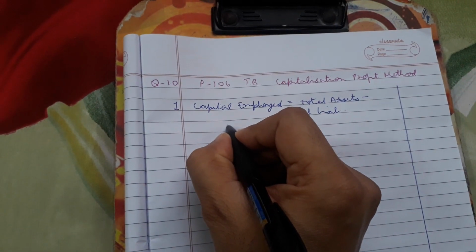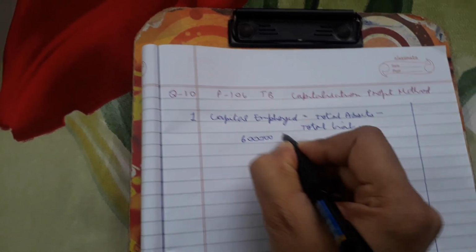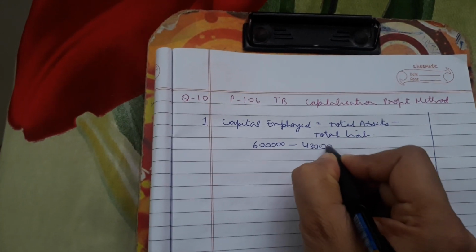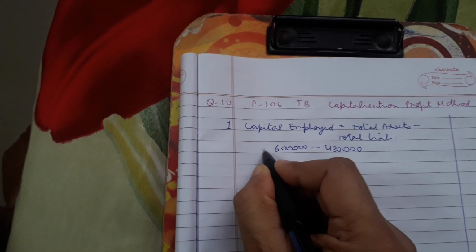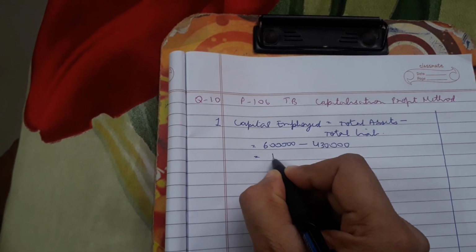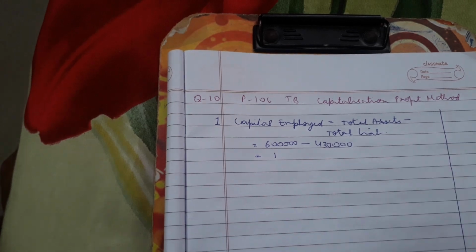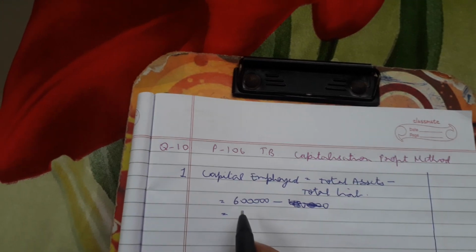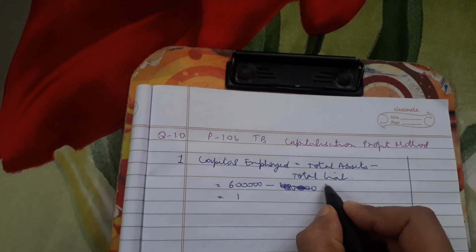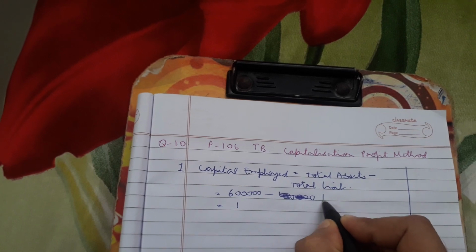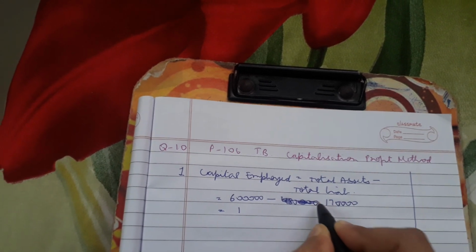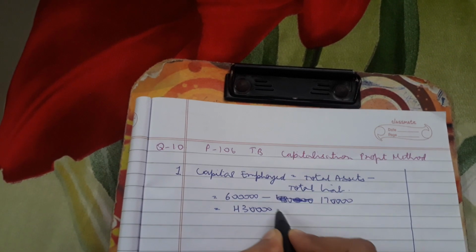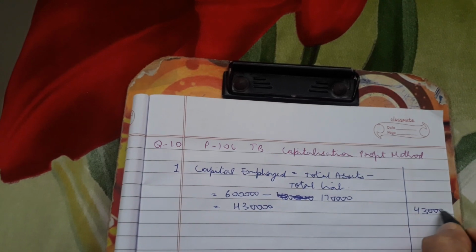Value of total assets is given as 6 lakh, minus total liabilities given as 1 lakh 70,000. So capital employed comes 4 lakh 30,000. We'll write here 4 lakh 30,000.